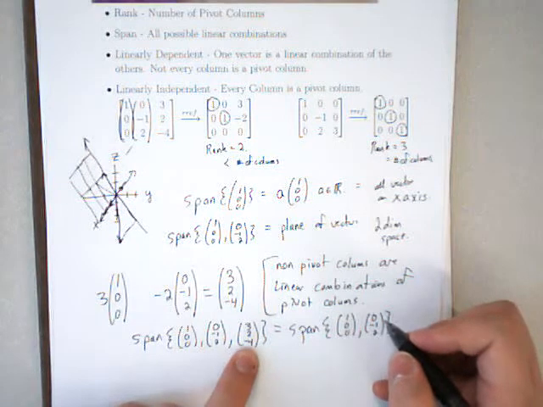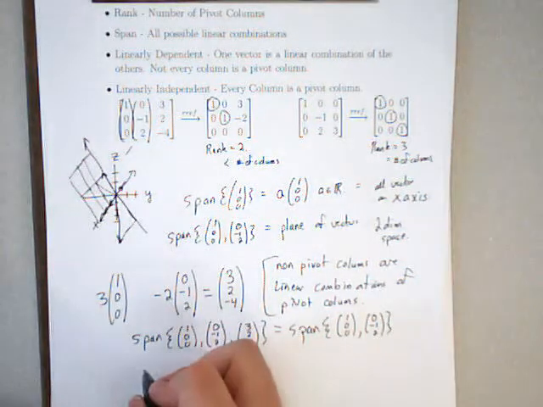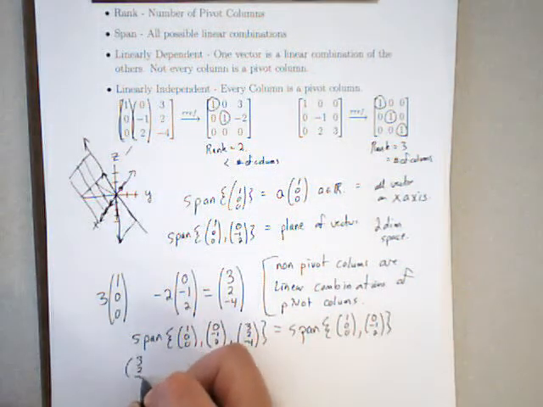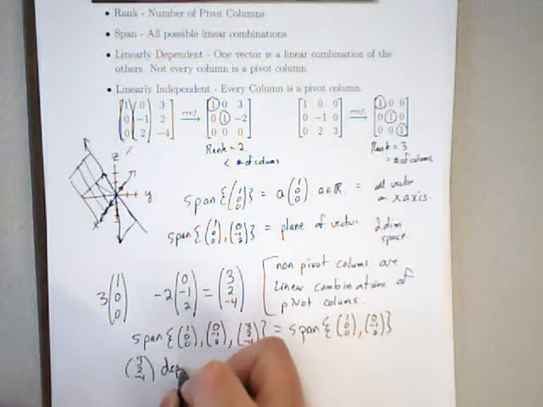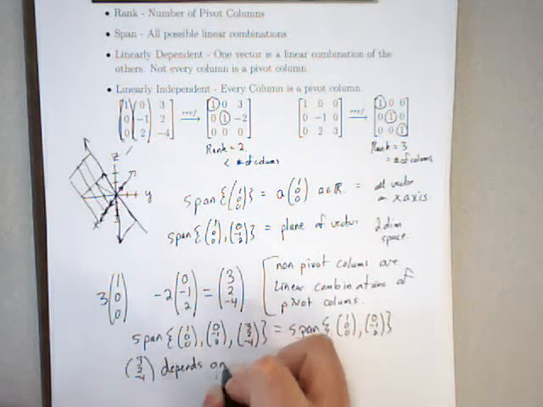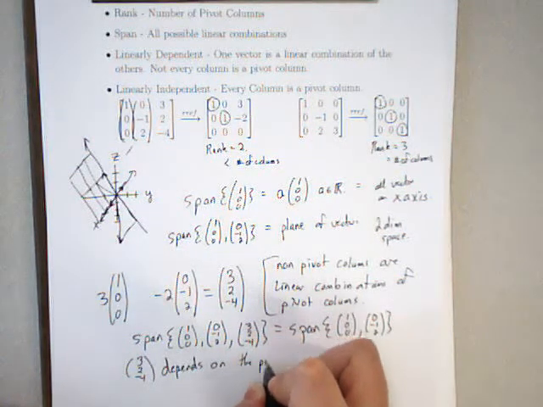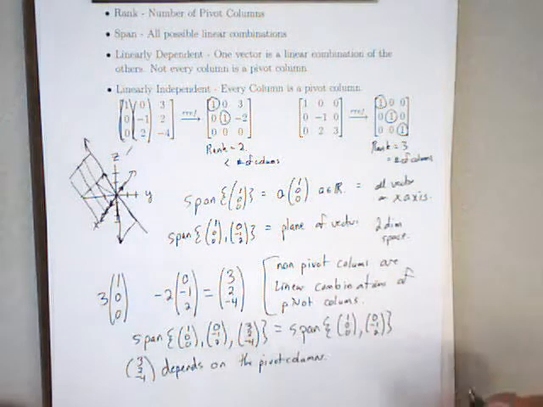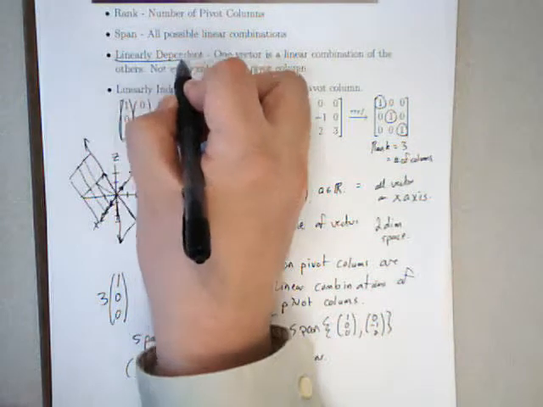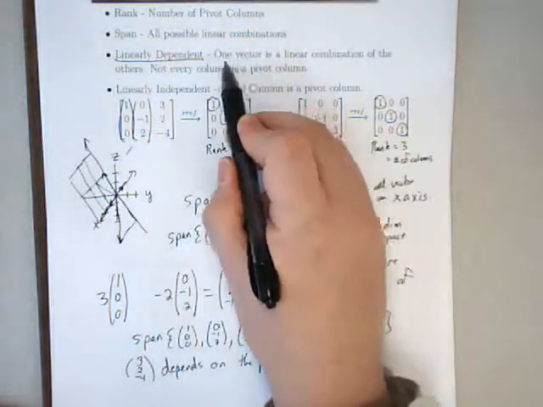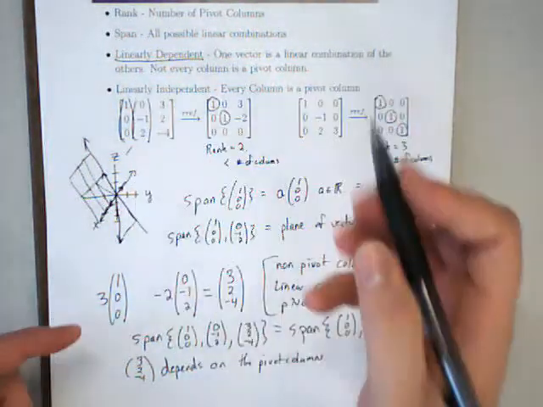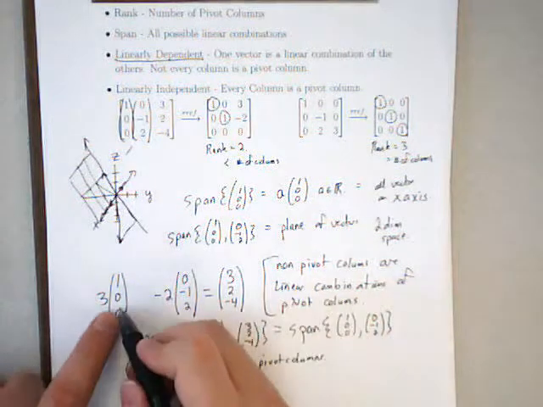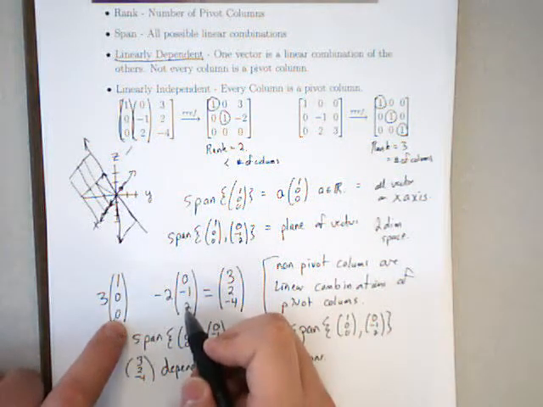This vector depended upon those two. So 3, 2, negative 4 depends on the pivot columns. This leads precisely to the idea of linearly dependent. One vector is a linear combination of the others. Notice that 3, 2, negative 4 is a linear combination of the other two vectors.